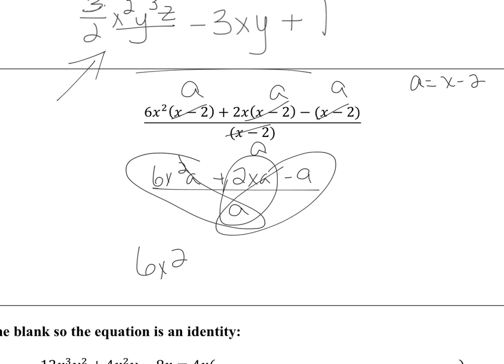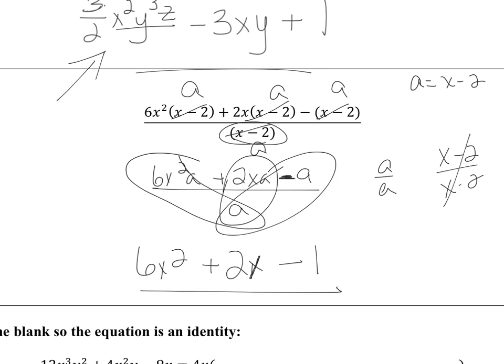In the second one, the a's cancel out, and you're just left with 2x. And here, remember, a divided by a, or in this case, x minus 2 divided by x minus 2, is still just negative 1, because of this negative here. Now, if there was an a left, if there was x minus 2 anywhere in this problem, I would have to replace it with the x minus 2.